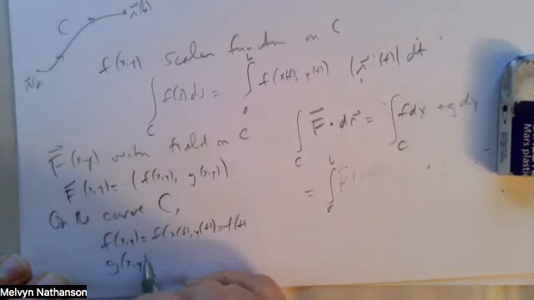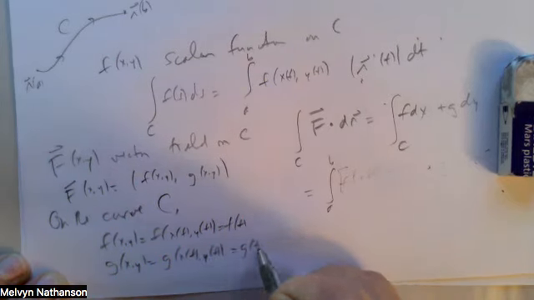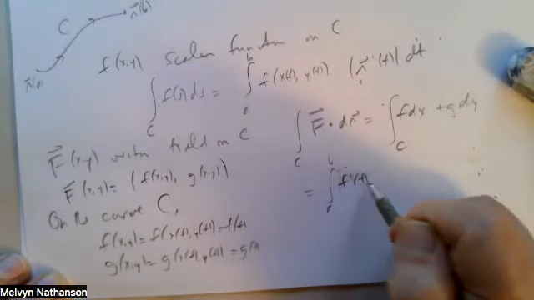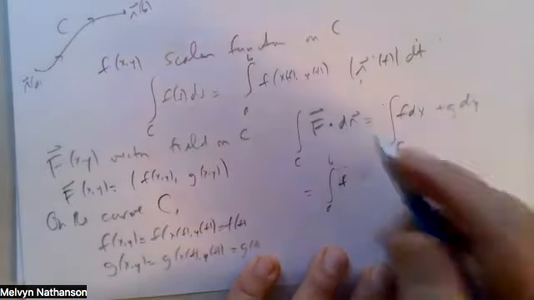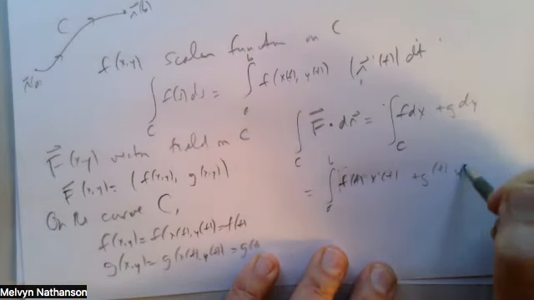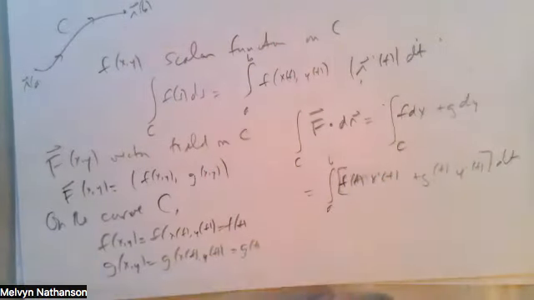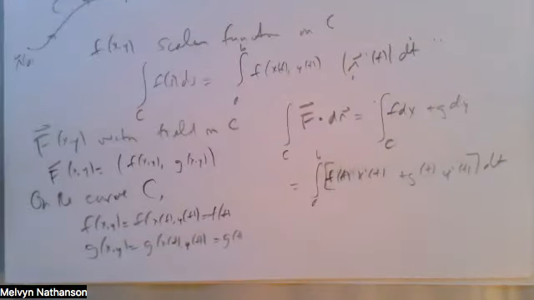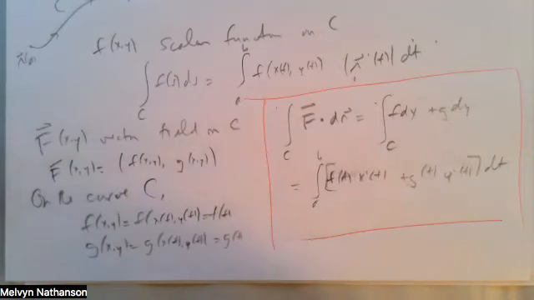And g of x y is g of x of t, y of t, which you simply write as g of t. So this is the integral of f of t, x prime of t, plus g of t, y prime of t, dt. So for us, this is the essential formula for writing the line integral of a function along a curve.